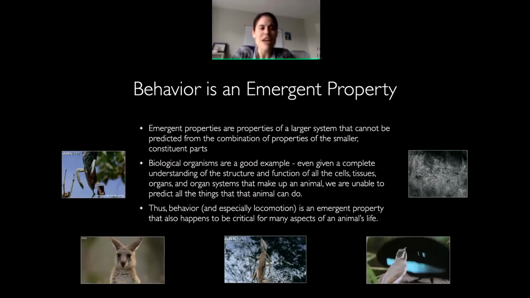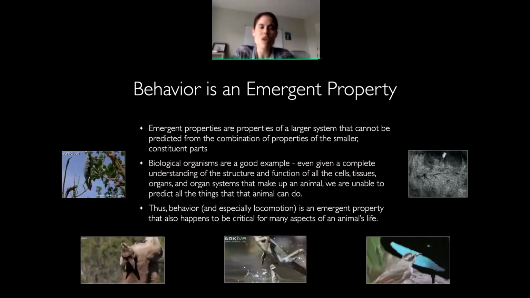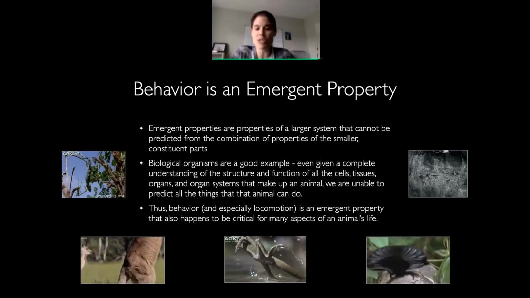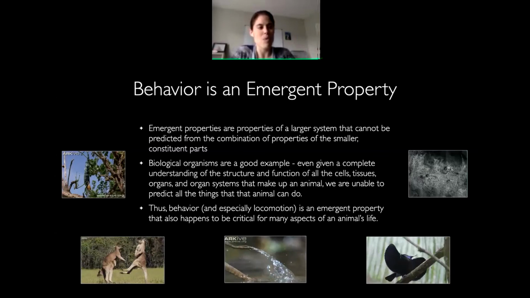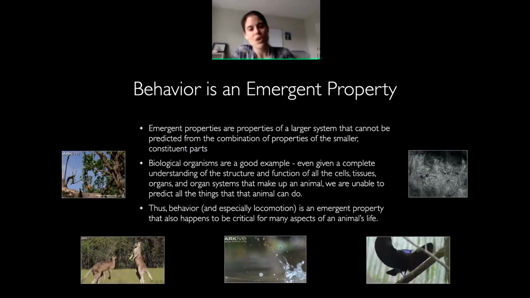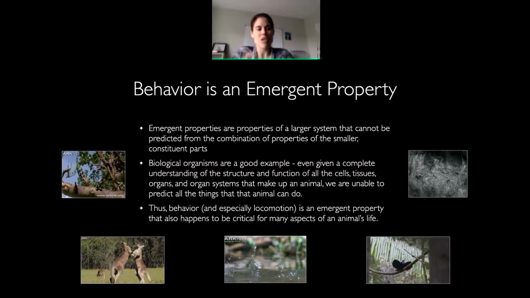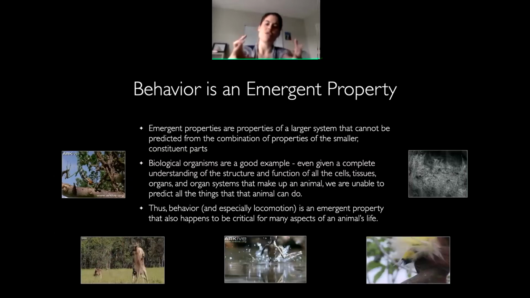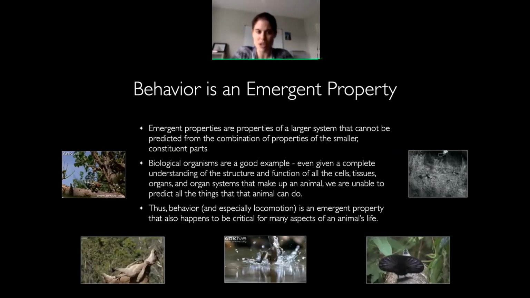And behavior is a really good example of an emergent property, because animals are capable of performing all sorts of different behaviors with their same morphologies, with the same underlying cells, with the same organ systems. That single confined organism interacts with its physical environment and with other species around it in different ways at different times.